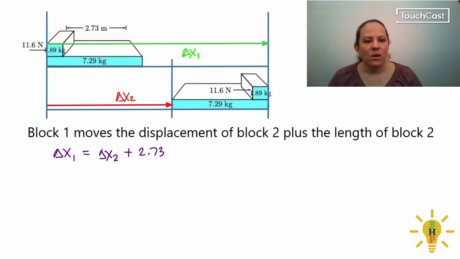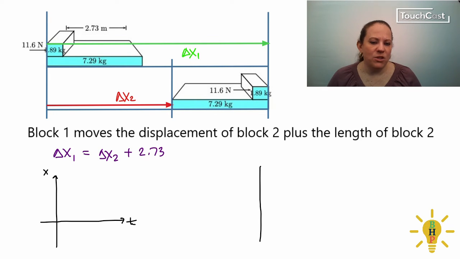So let me sketch a couple of coordinate axes for us. So this is x and this is t, because we're going to think about this situation two different ways. So I'm going to need two different sets of axes.